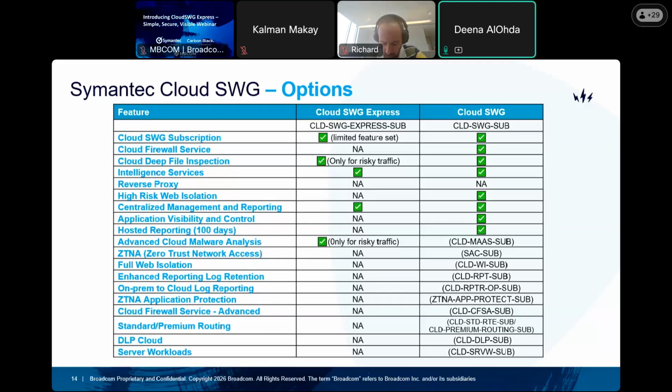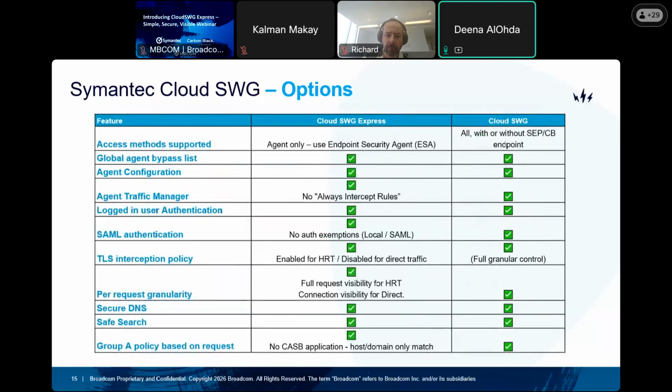So it will be an easy task if you, as a customer or partner, start with Cloud Express and then would like to expand your security posture. You can easily upgrade from Express to full cloud SWG.